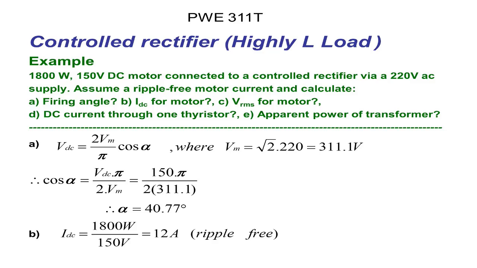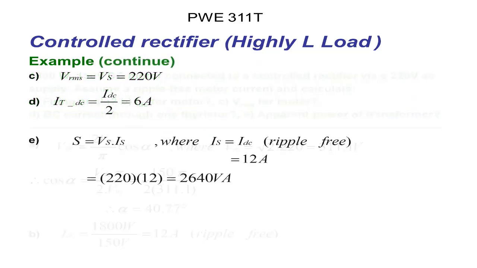That is 12 amps, ripple free. And then VRMS is the same thing as the source voltage. Remember that this is the same only if it is a highly inductive load, like your motor. If it is a resistive load, then it's different. VS cannot be VRMS.